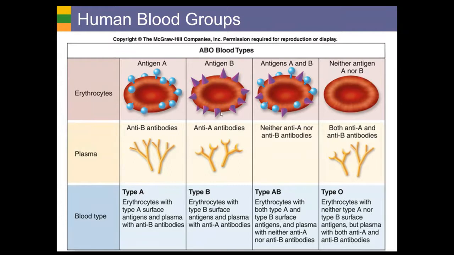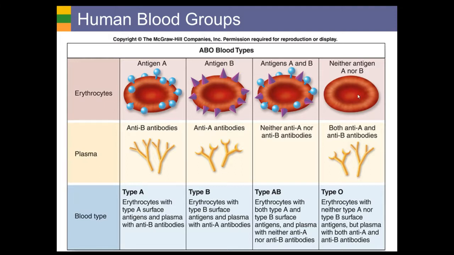If you are B, your immune system will produce anti-A antibodies. Those are antibodies that will attack the A antigen. If you are AB, your body doesn't produce antibodies against the A or B antigen. Why? Well, your body would attack itself. Your immune system literally would be destroying its own red blood cells. So if you're AB, you don't have antibodies that will attack the A or the B antigen.